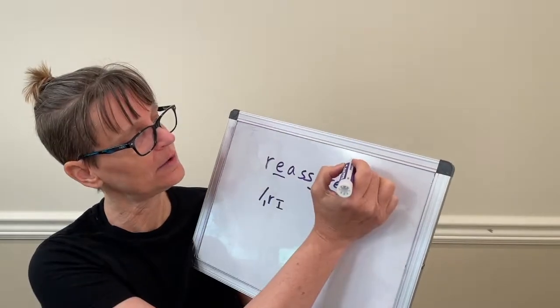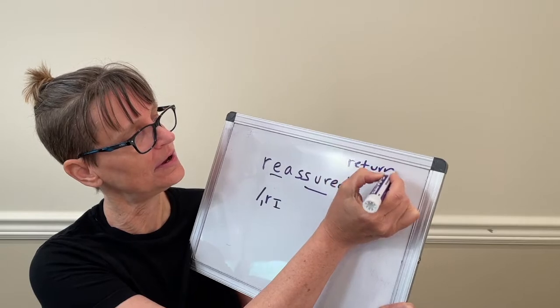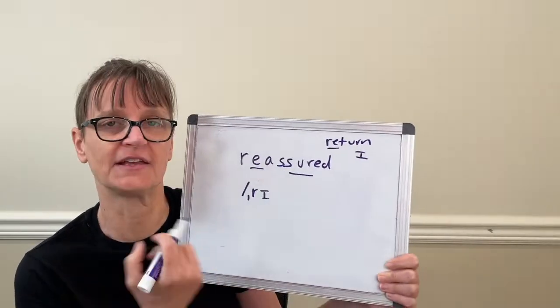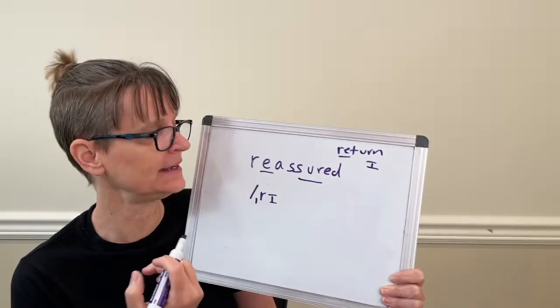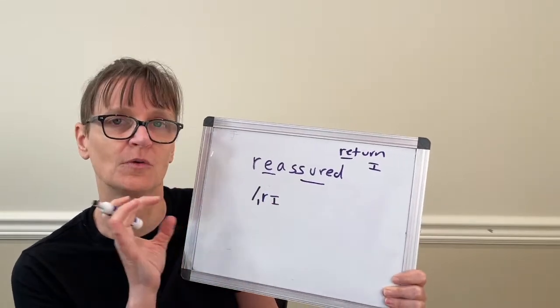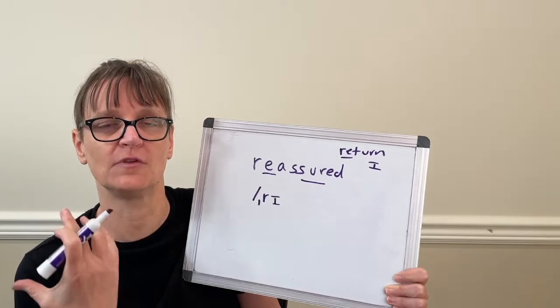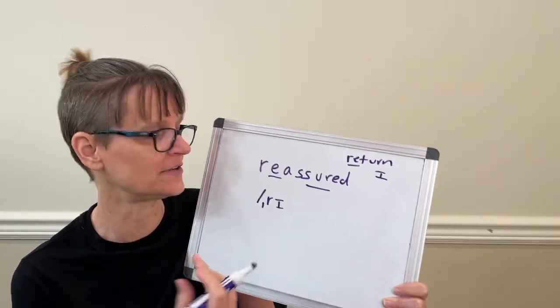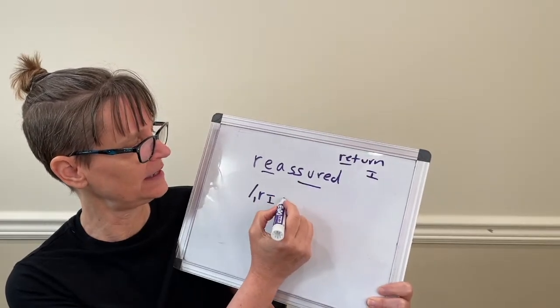In words like return or receive, that is unstressed and it has the I vowel rather than an E. But in reassured, we're using the re prefix to say we redid something, and then it retains its clear E sound.